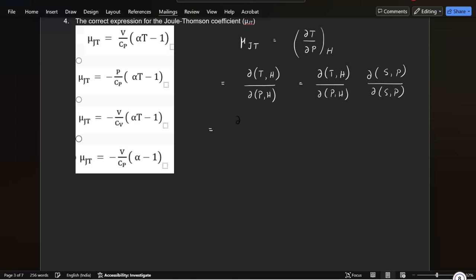Now we'll write it like this. So this comes here and this goes here. Fine. So now I want P to this side so that I can write it easily. When I invert it, there's going to be a minus sign over it.